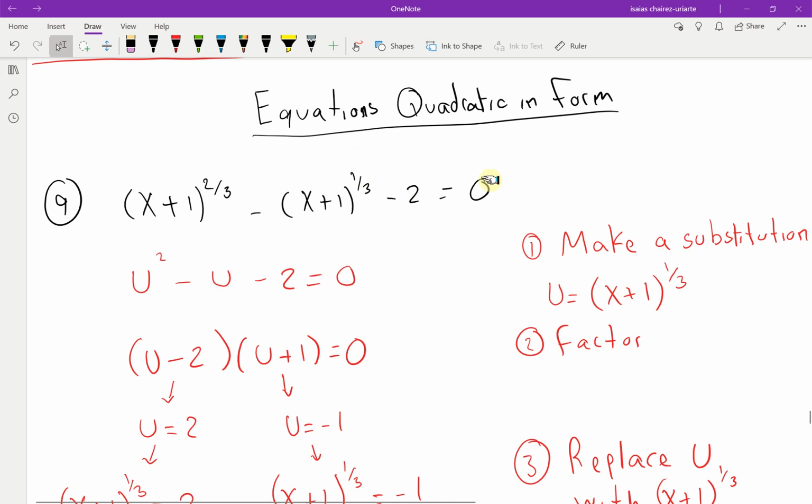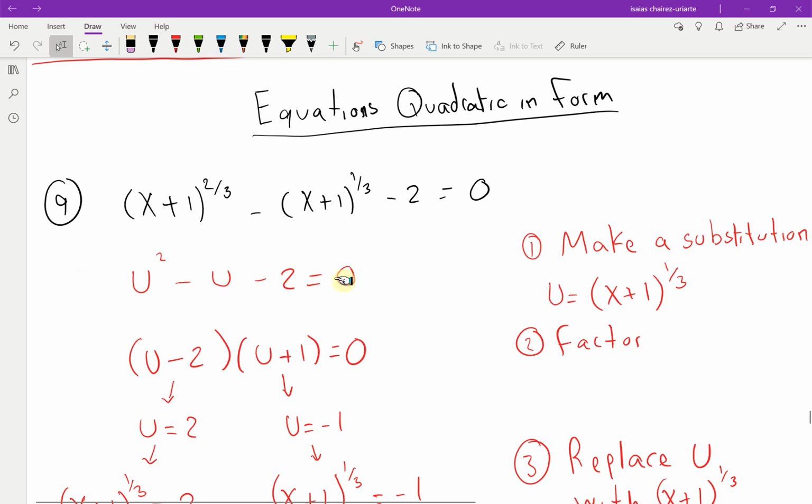I realize that there's this x plus 1 repeated, so I'm going to replace it with something simpler so that this becomes just a quadratic equation. If I let u be equal to x plus 1 raised to the 1/3, then my original equation becomes u squared minus u minus 2.